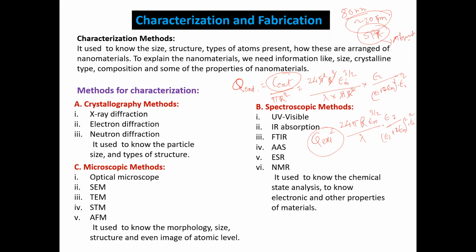But if the nanoparticle size comes to 80 nanometers, then the entire process of interaction depends equally on the scattering and the absorption process. In this way you can distinguish them, because at that time it achieves the SPR, the surface plasmon resonance. Absorption and scattering are two processes, and your nanoparticle size is dependent on these processes.